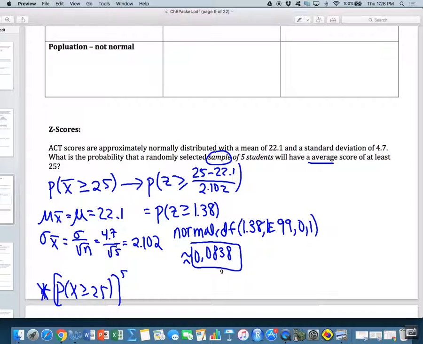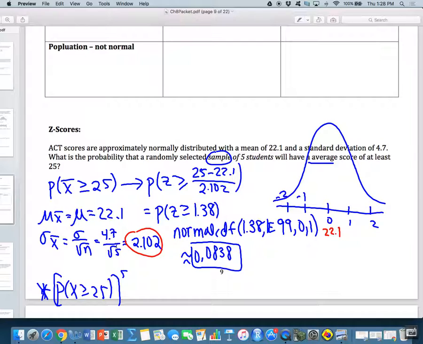What's one other thing that I'm going to make you do? Draw a picture. So let's do it just for fun. Yours should look better than mine because I wrote way too big. Make sure you have the standard normal labels, and then below that, label from the problem. Here's where you've got to be careful. Make sure you use the correct mean and the correct standard deviation. So our mean is 22.1, and this is the standard deviation you want to use, that 2.102.